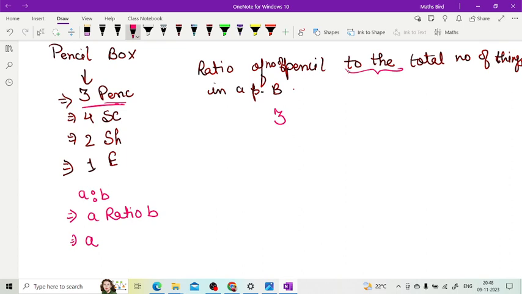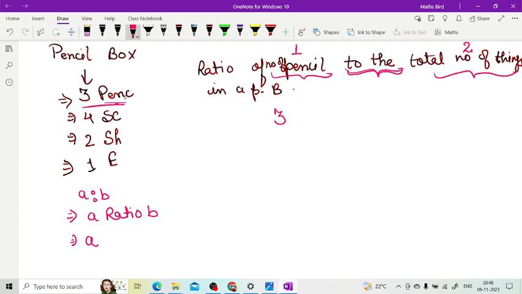So here they are saying to the total number of things. The number of pencil is written first, so it will be the first term, and total number of things is written after the pencil, that means it will be the second part.